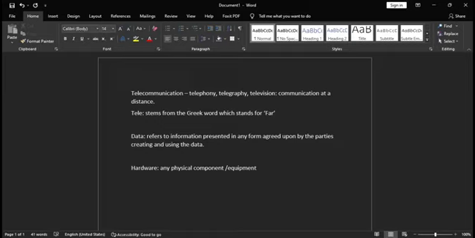Like we said, for data communication to occur, the communicating devices must be part of a communication system made up of two things. The first one is the hardware, which comprises any physical component or equipment. The second one is the software, which are computer programs.